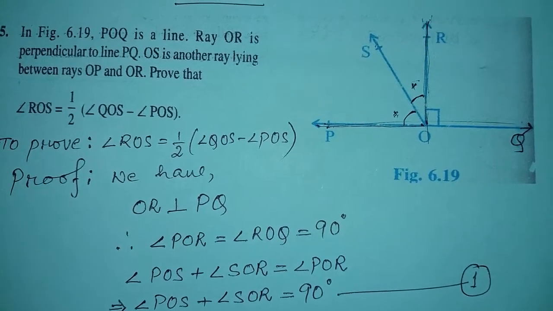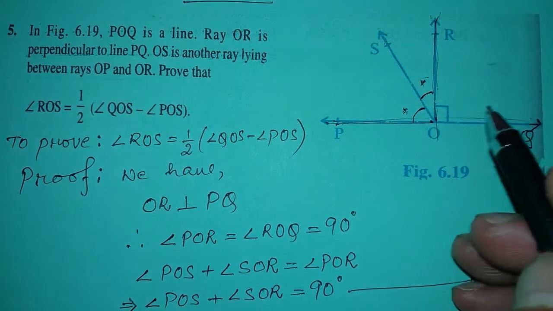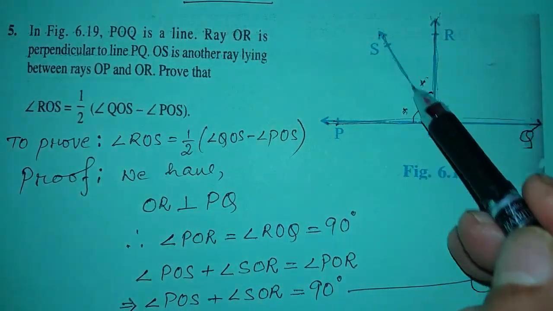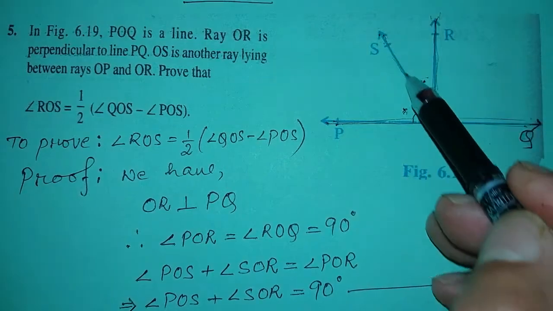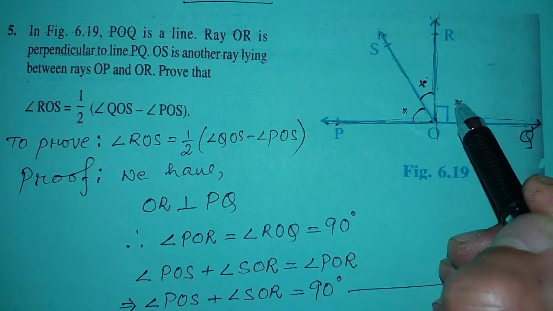Next, look at this angle SOQ. This angle SOQ is again made up of these two smaller angles.